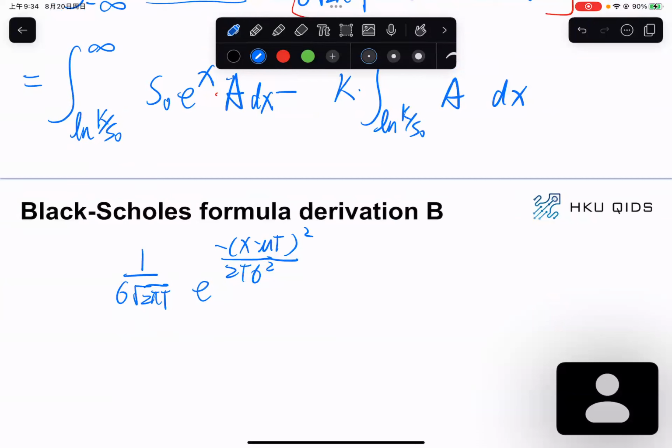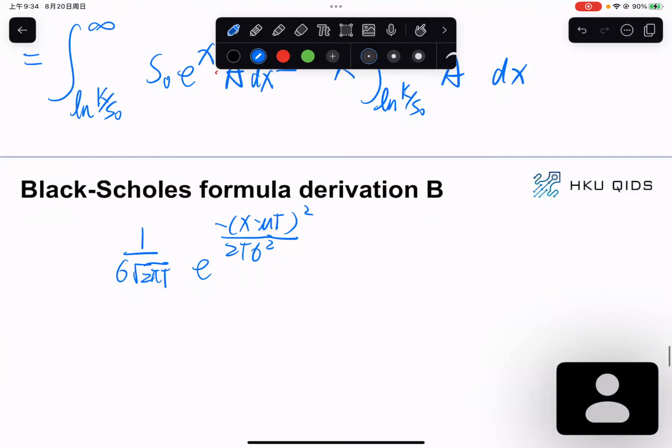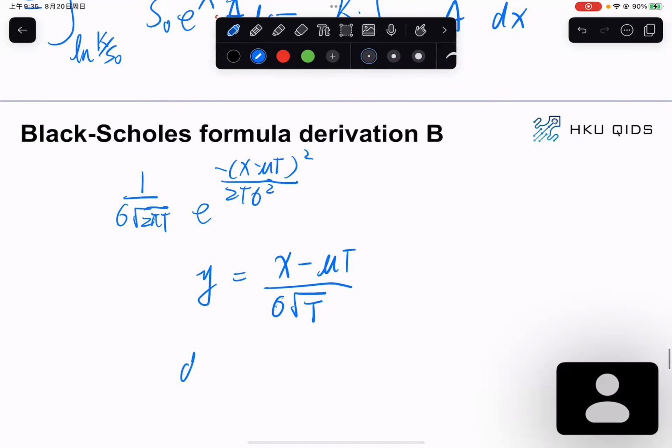So if we denote y equal to (x minus mu t) over sigma square root t, and then we can have dy is going to be what? dy is going to be dx over sigma square root t, right?